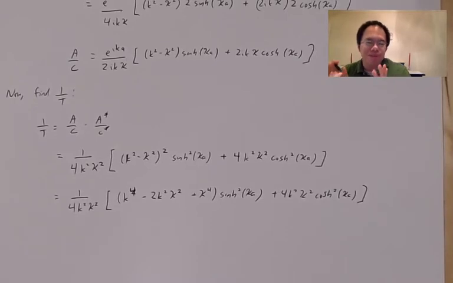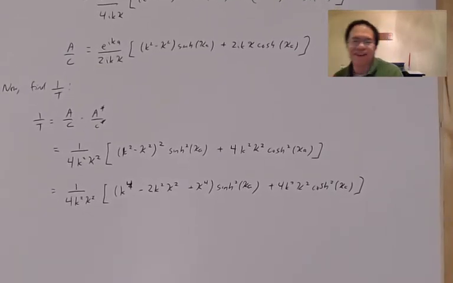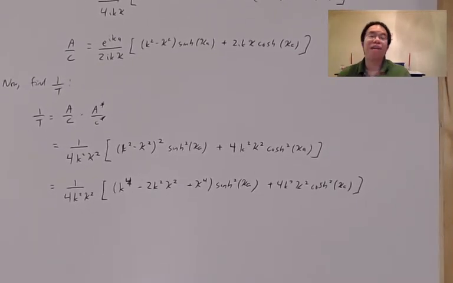Here's the other trick that ends up getting pulled here, namely a hyperbolic trig identity.